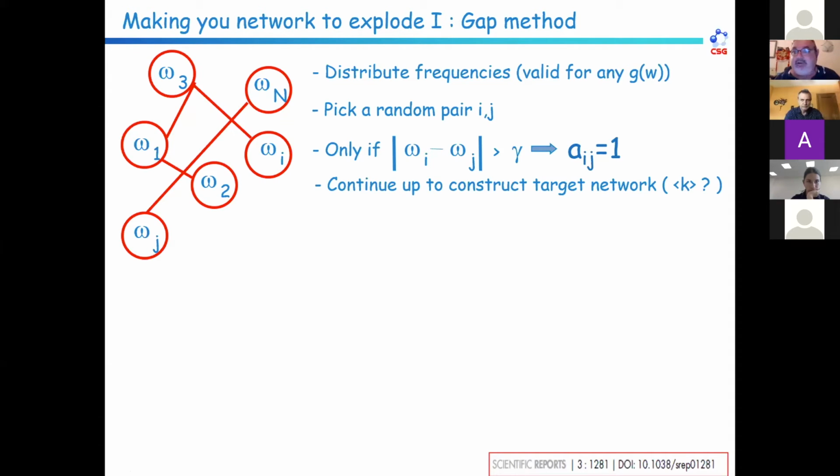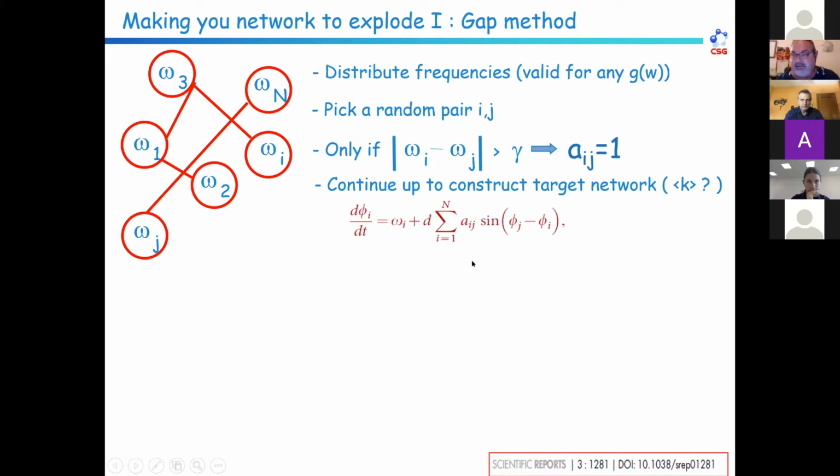You never have direct connections between two elements of very close frequencies. Because in order to put the link, you explicitly made the condition that the frequency difference, omega i minus omega j, should be larger than a given value.